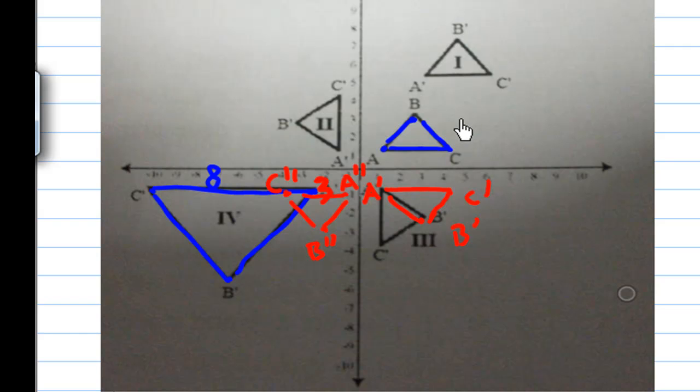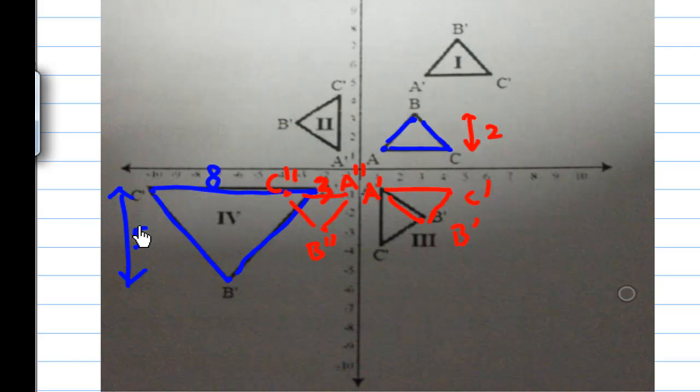The original vertical length of the triangle is from 1 to 3, so this is 2. And the vertical length of the final image is from 1 to 6, so this is 5.